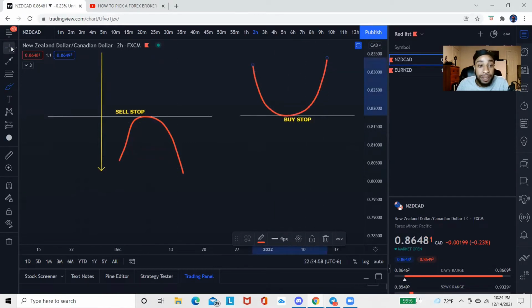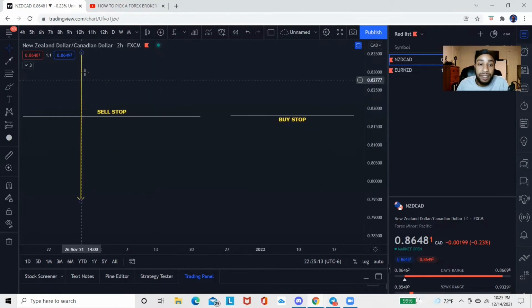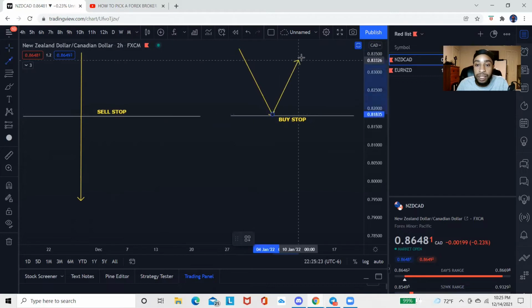That's for a buy limit, right? Or a sell limit. Now for a buy stop or sell stop, you want to see the market hit this area and then just keep dropping below it. Okay. So this is you predicting that the market is eventually going to break past this area and just keep dropping. Similar in a buy stop. So in a buy limit, you would like to see the market come down, hit the area, and then work its way up.